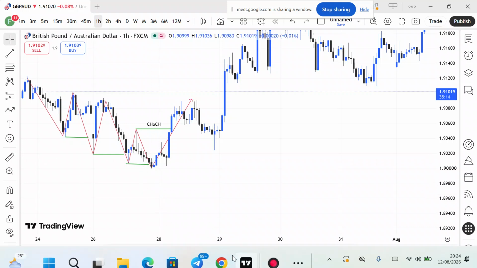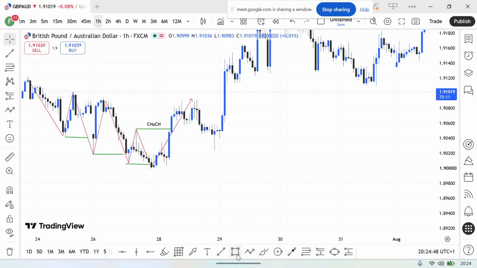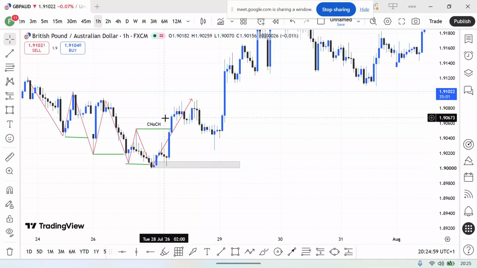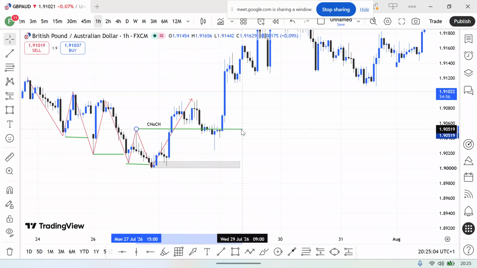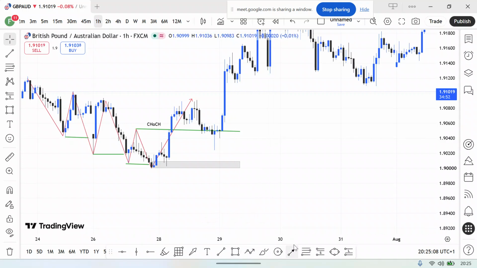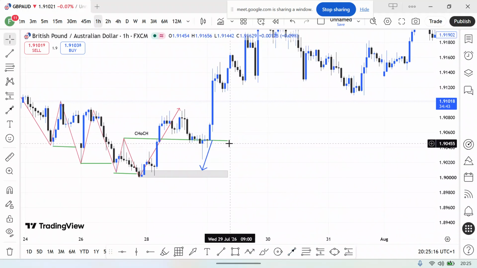The first thing we do is you mark out the last low, which is this point. You extend it to the right. Okay? And then you extend the green line and say if price pulls back anywhere between this green line and this hash box, then we should be looking for our buy entry.